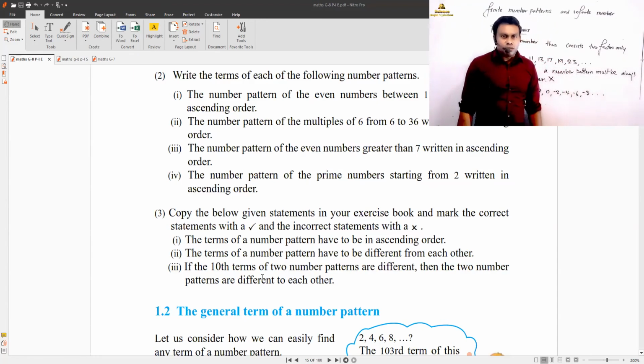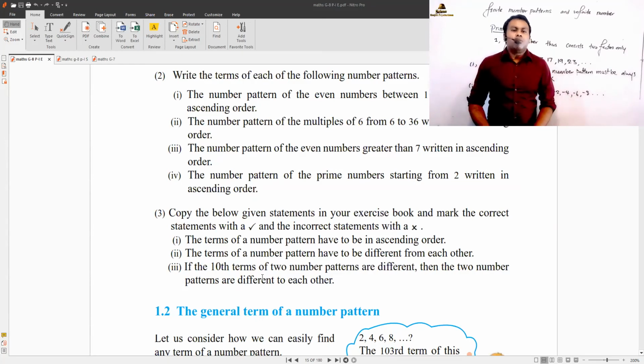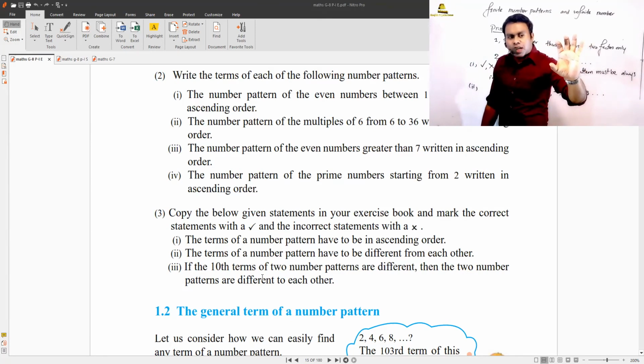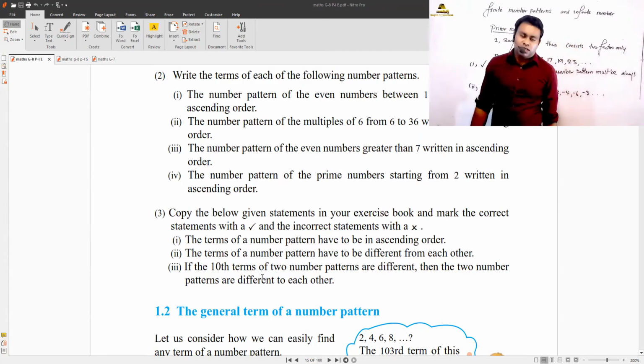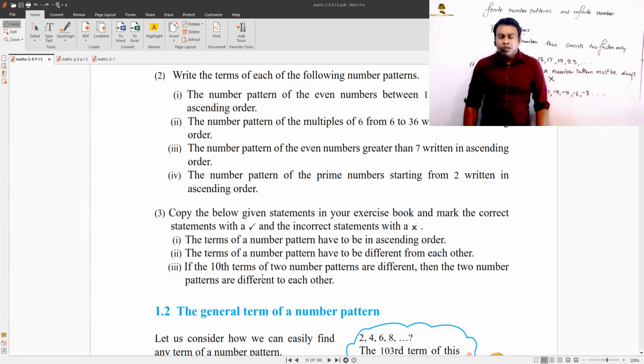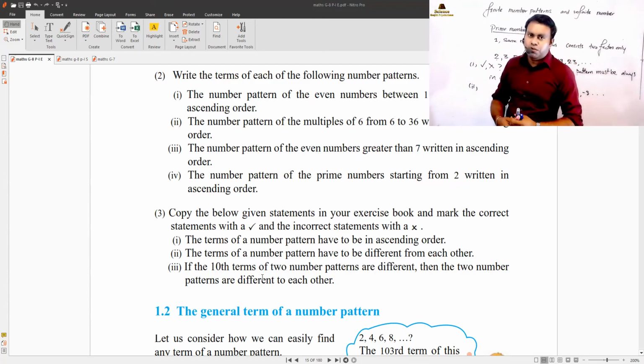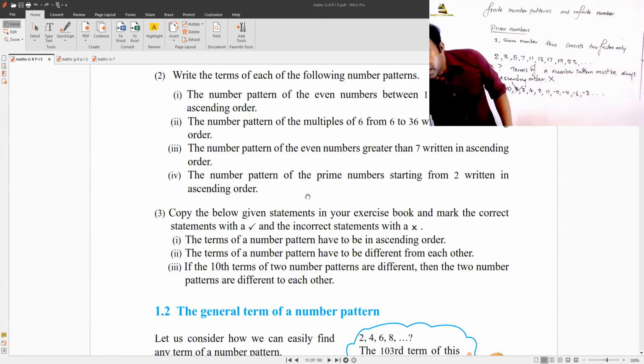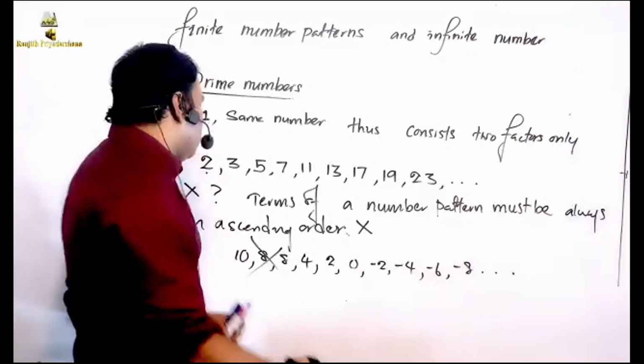If the 10th term, or whatever the term, of both patterns is the same, that means they are not two number patterns, they are the same number pattern. Sometimes the second term of a number pattern may be equal to the fifth term of another pattern. So terms at two different places can be equal. But if the same term is equal, then it is not two patterns, it is the same pattern. Let's see.